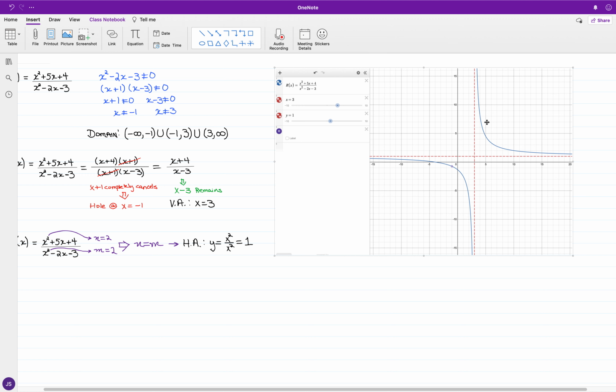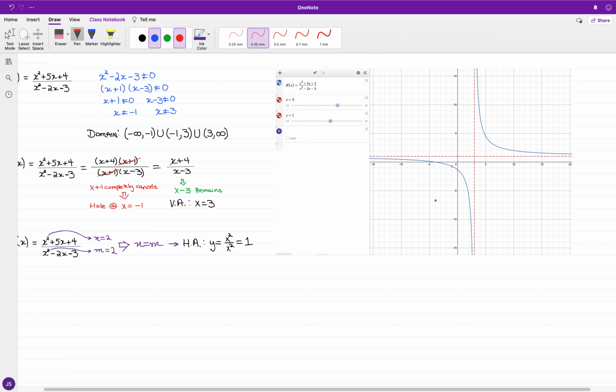And again, this asymptote is off limits. And we also have running side to side the horizontal asymptote y is equal to 1. And once again, there was a hole at x is equal to -1, and it is situated right here. So you have a hole at x is equal to -1.